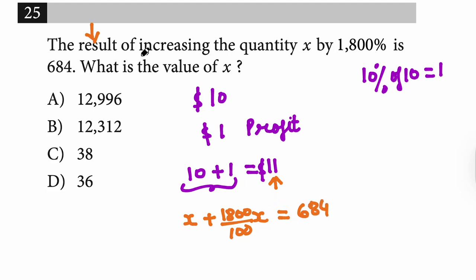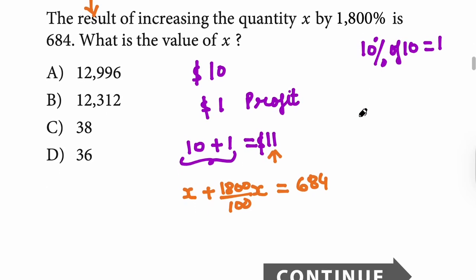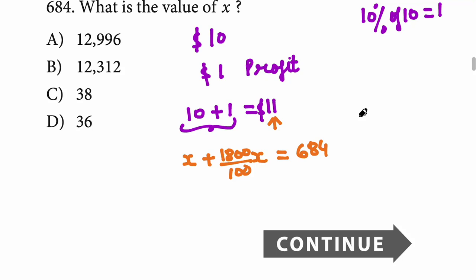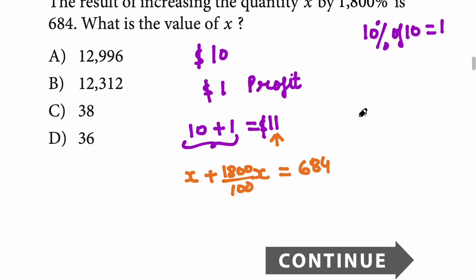So X plus 1800% of X is 684. Here 10 plus profit, that is 10 plus 10% of 10, is 11. Here X plus 1800% of X is 684. So we have to solve for X, because the question is what is the value of X.